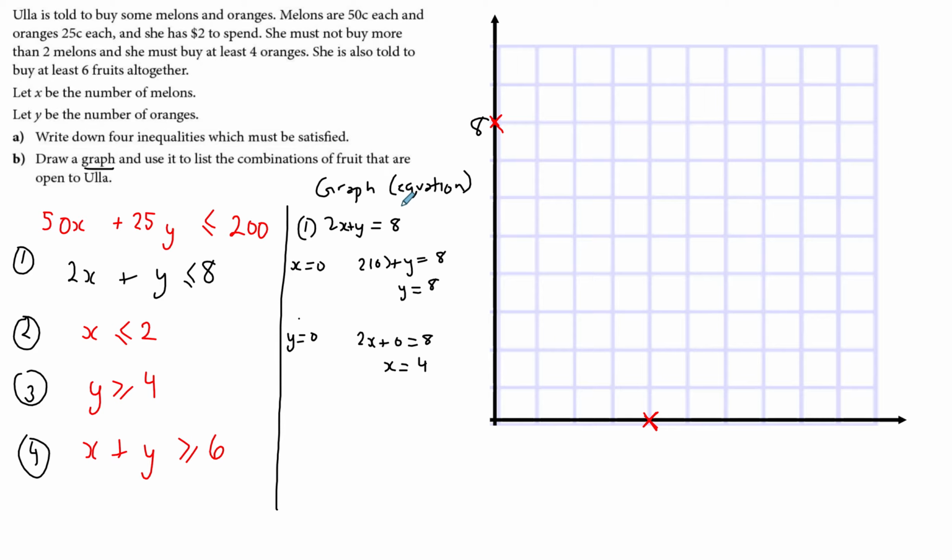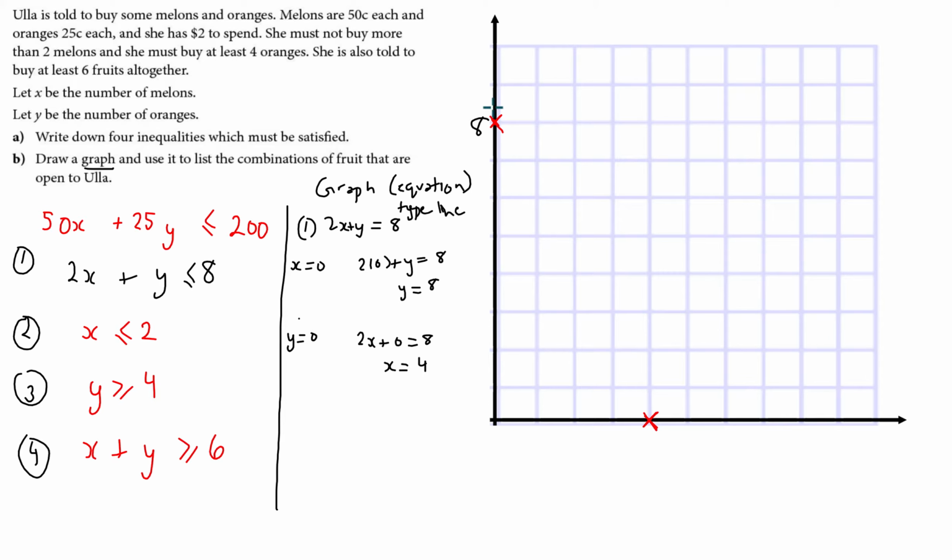And then you need to decide the type of line. Because this is less than or equal to, the line I'm going to connect these 2 points with is going to be a straight line. If it was just strictly less than 8, then your line has to be a dotted line.